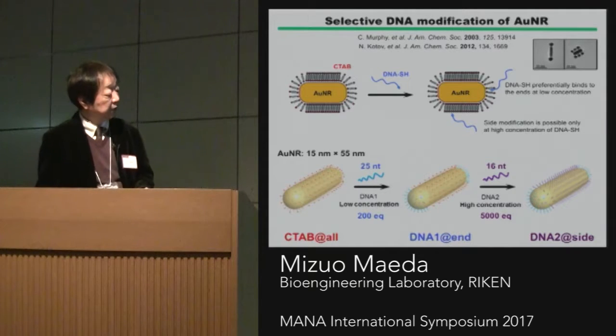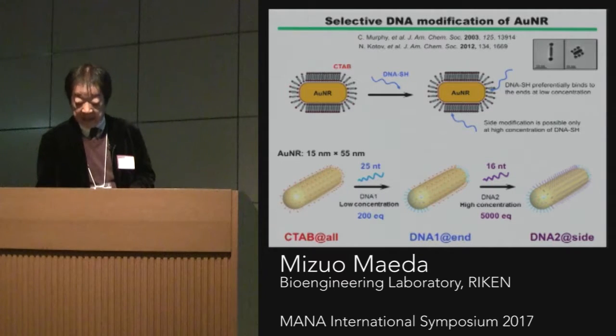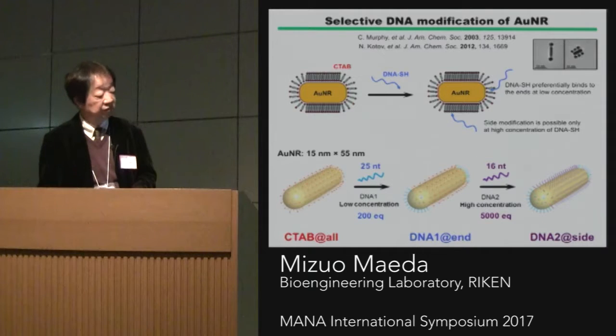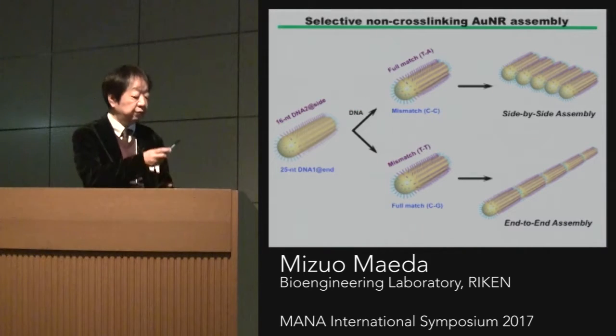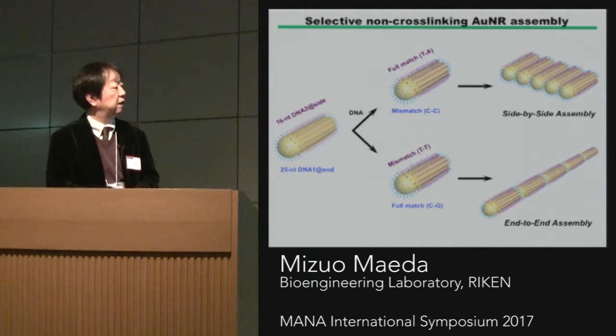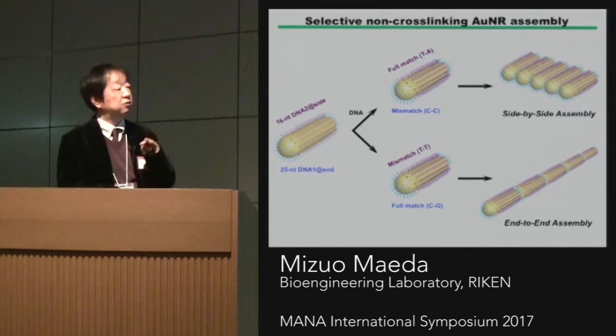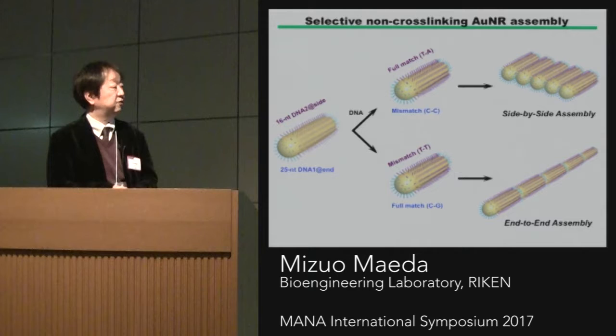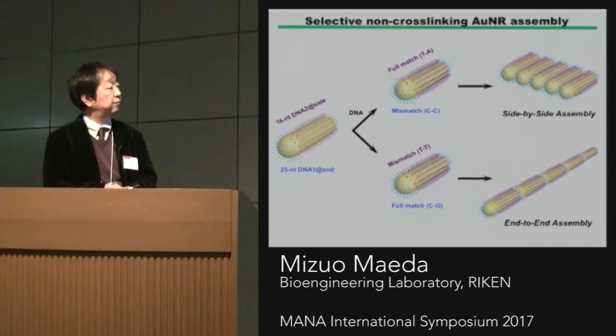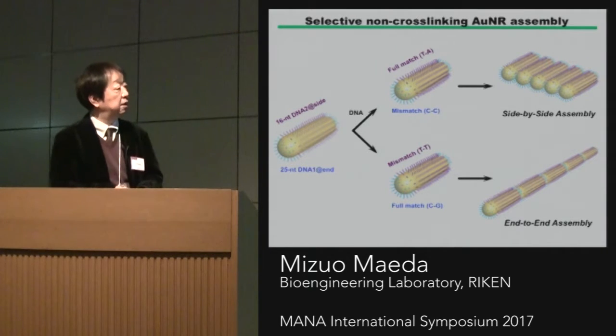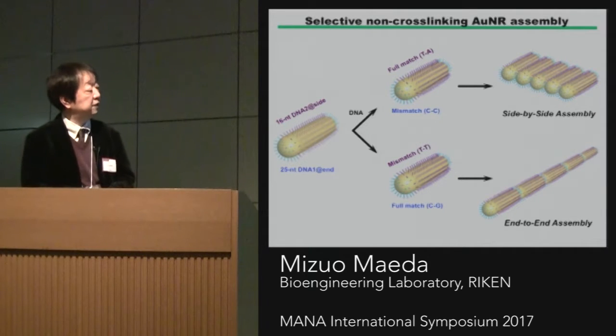Why would we like to make this type of differential selective modification? What we would like to do is this type of structural change using mismatch and full match. If you want to prepare a side-by-side assembly, full match DNA should be located inside, and the top and bottom should be mismatched.